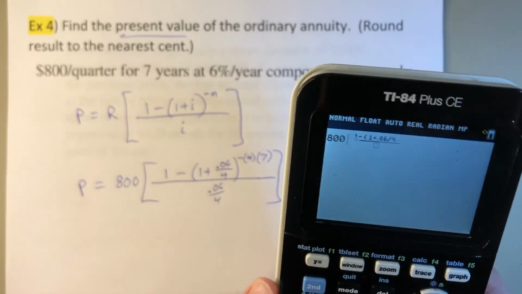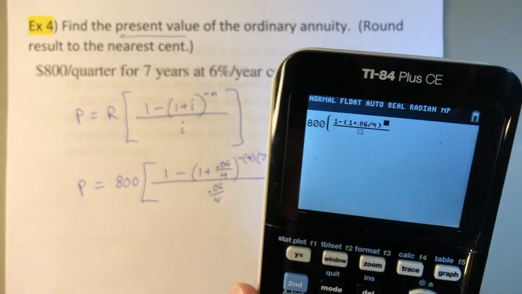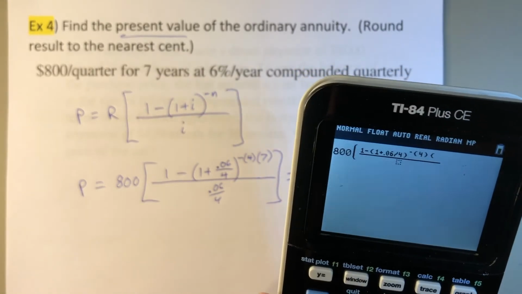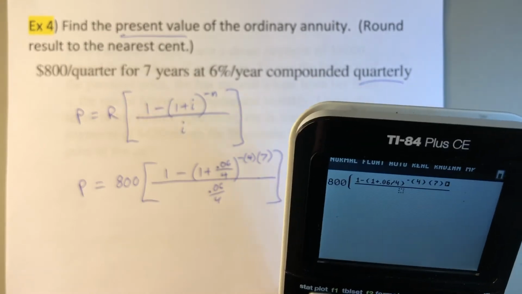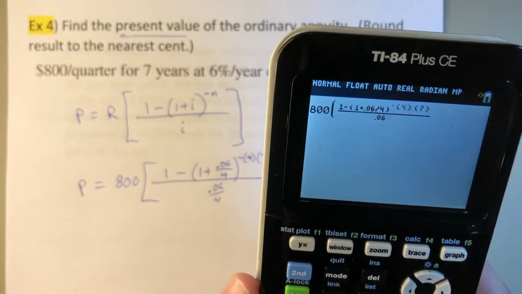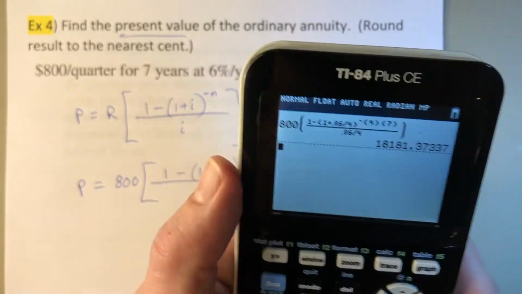Let's see if we can do this. This is just, can you use your calculator correctly? So that would be to the what? Negative 4 times 7, and that's all over 0.06 divided by 4. And we do get this amount.